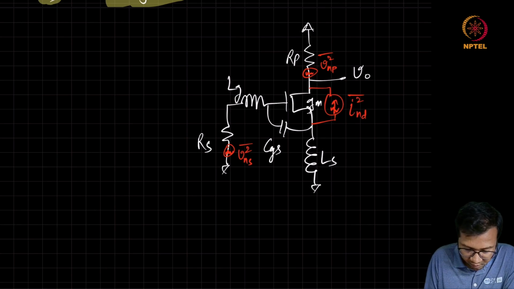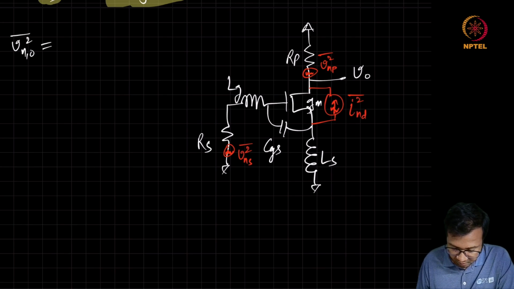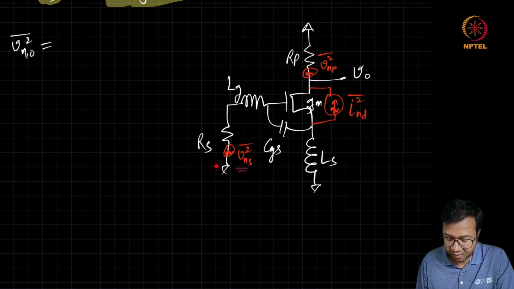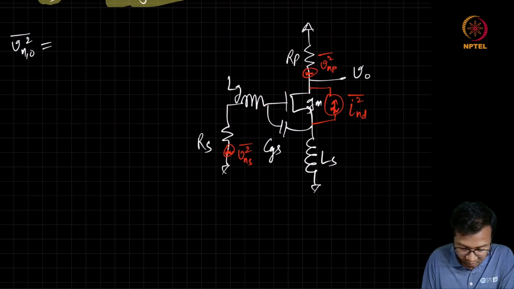If you want to find the total output noise spectral density, it is going to be first the noise from RS multiplied by the transfer function squared. It is 4 kT RS.